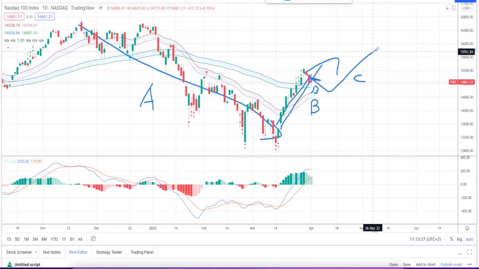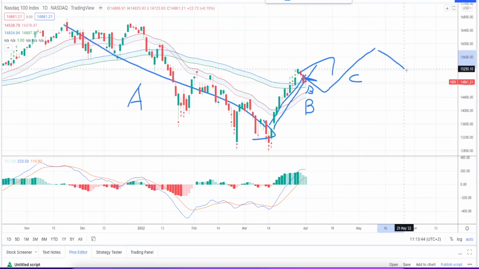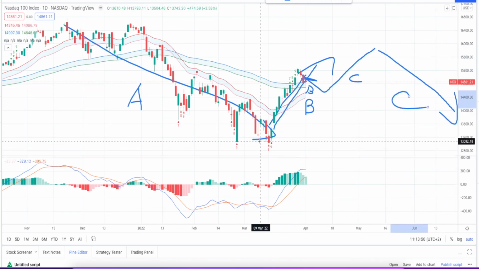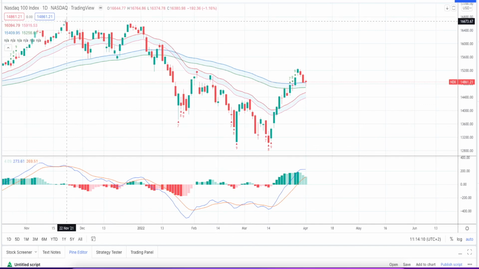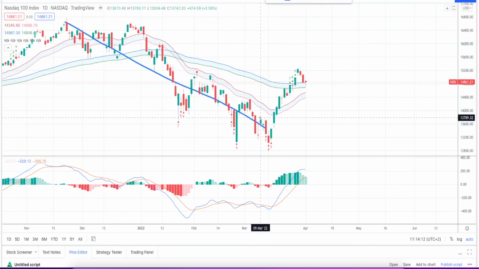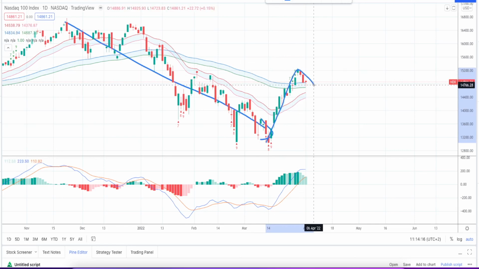And when we reach the end of the C, the market may go into a further C correction, which will be lower than the previous low. This is one possibility. Another possibility is that the market has already finished its correction to here, and now we are already in a reversal.